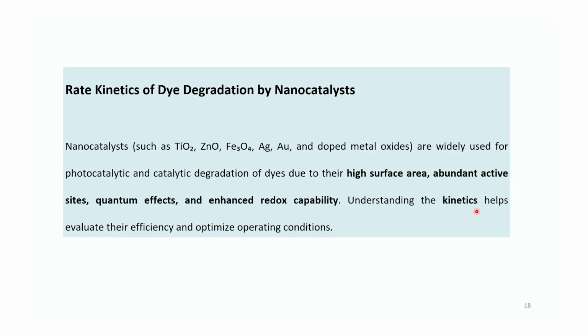Understanding the kinetics helps us evaluate their efficiency and optimize the operating conditions. If you understand the kinetics behind every particular nanocatalyst, it will be easier to know their efficiency and to optimize their operating conditions.